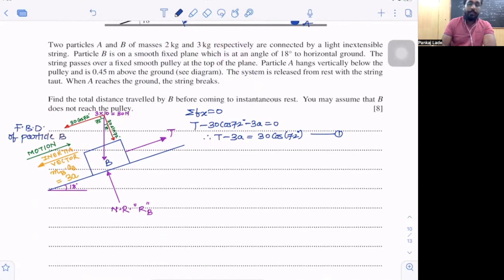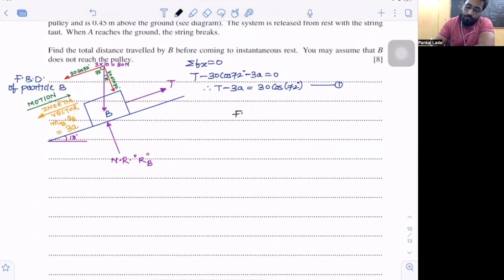Now let's draw the FBD of particle A also. Again I'm going to make a block.